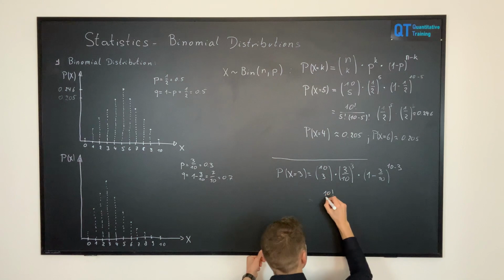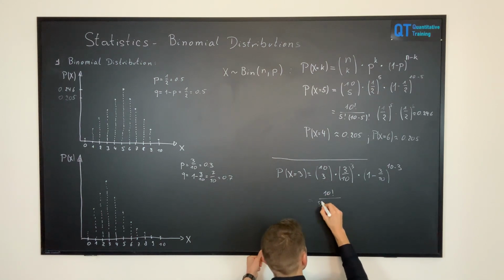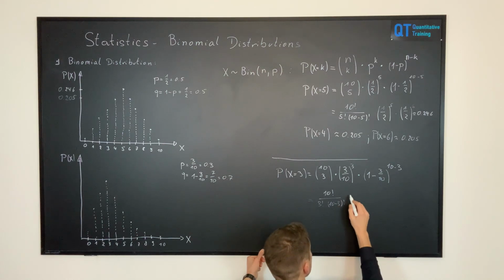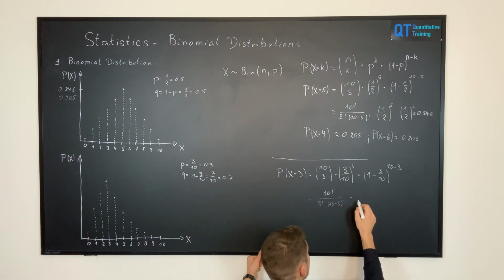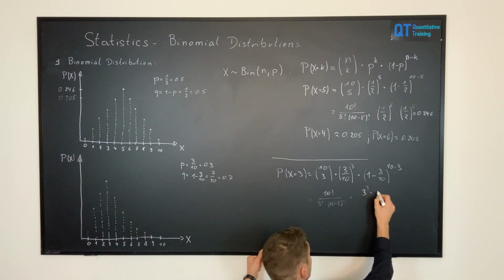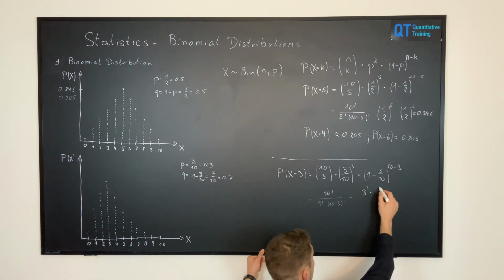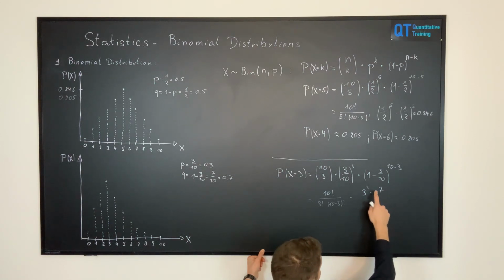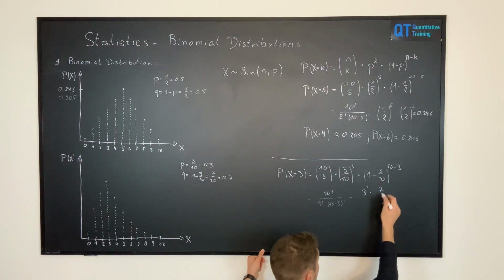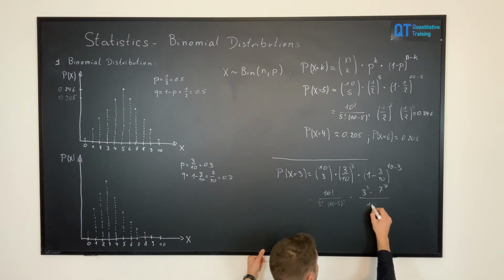And if you do the math here again, you would obtain 10 factorial divided by 3 factorial, 10 minus 3 factorial. And this time you have 3 to the power 3 multiplied by 7 to the power 7, and here you have 10 to the power 10.